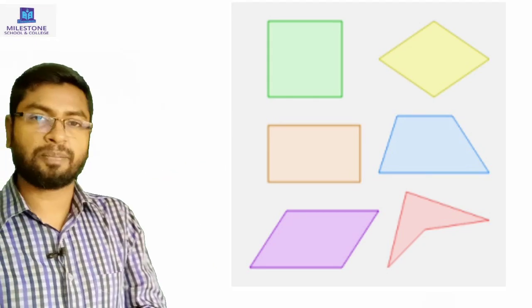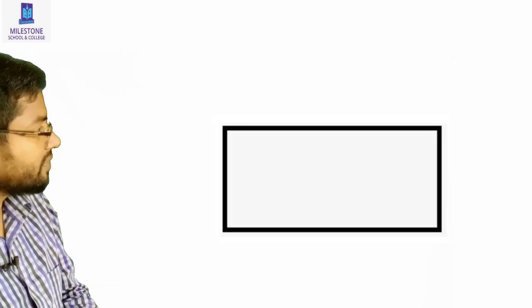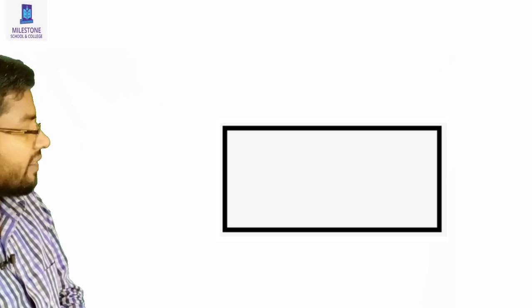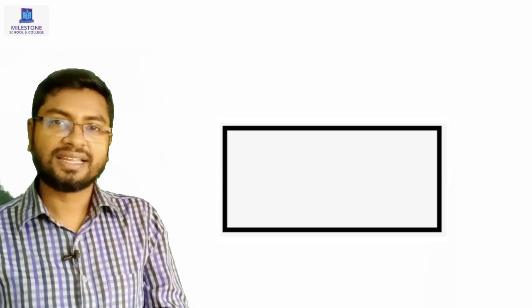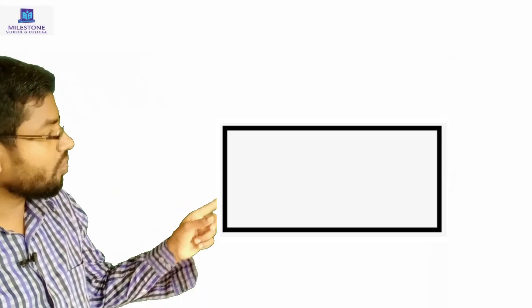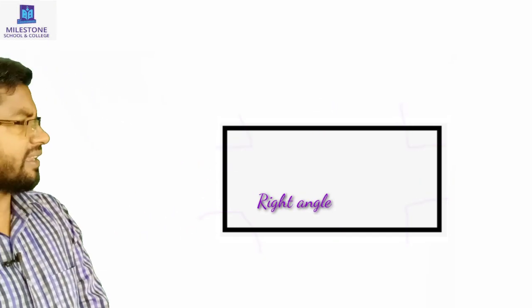we can tell their different names. See, this figure, this is a rectangle. Why is it a rectangle? Its opposite sides are equal, and the angles are right angles.